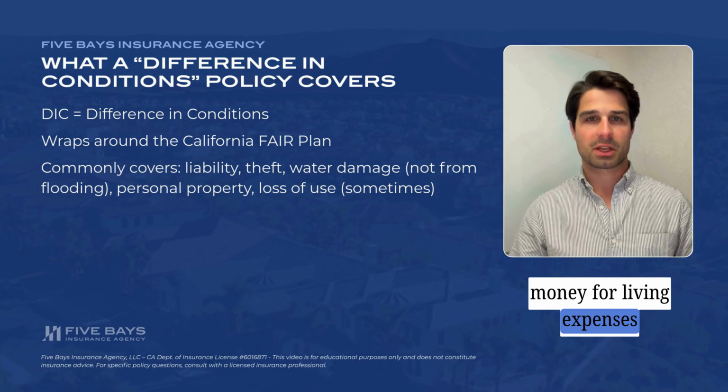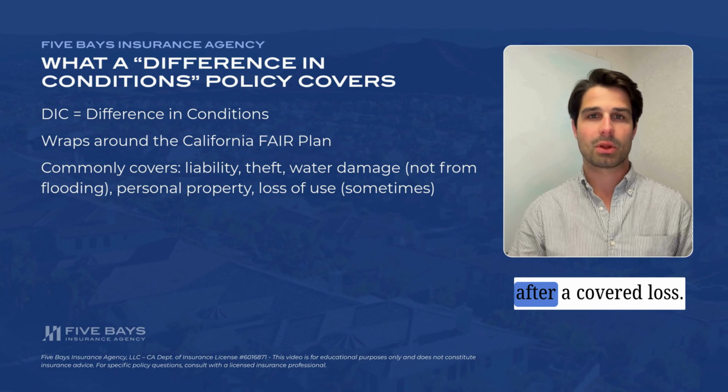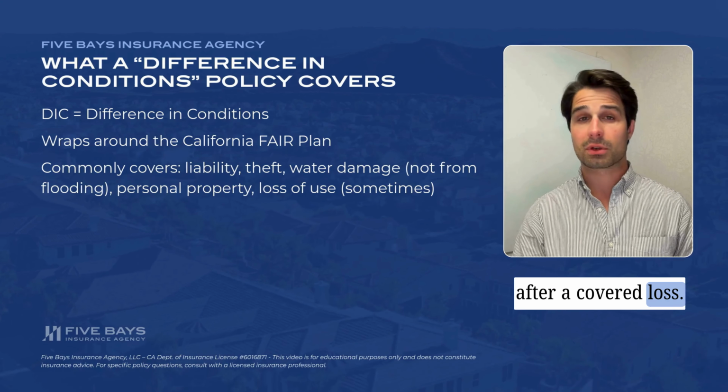That's money for living expenses if your home is uninhabitable after a covered loss. DIC policies are designed to exclude the perils that the California Fair Plan covers: fire, lightning, smoke, internal explosion. That's how the two policies pair without paying twice for the same coverage. The California Fair Plan handles the fire side, the DIC handles most of the rest.